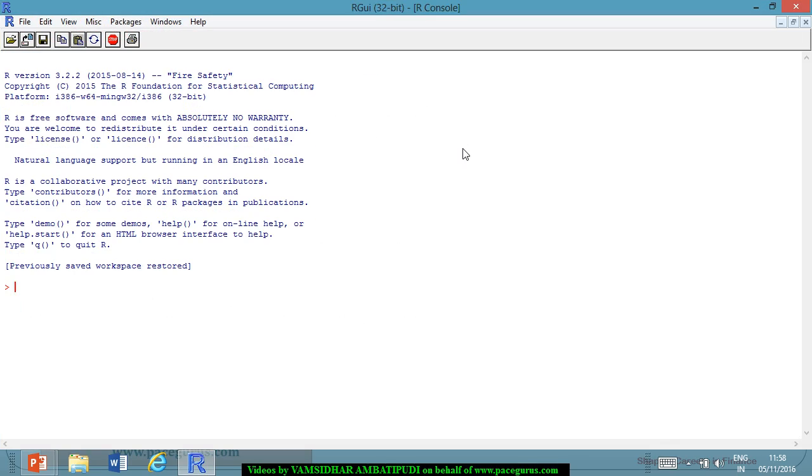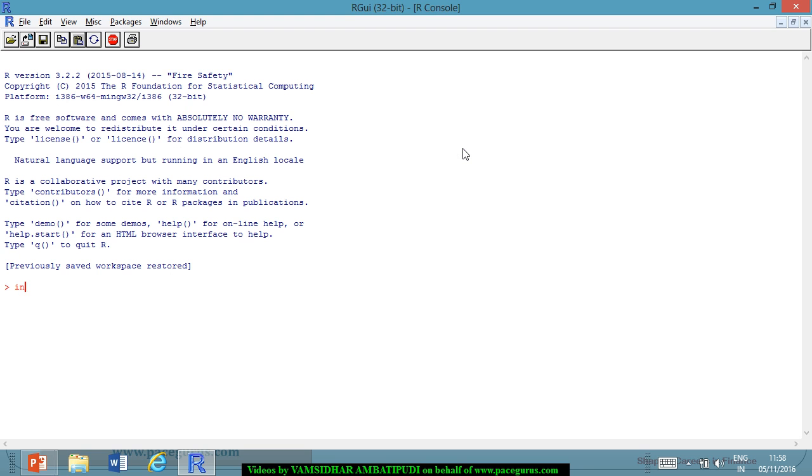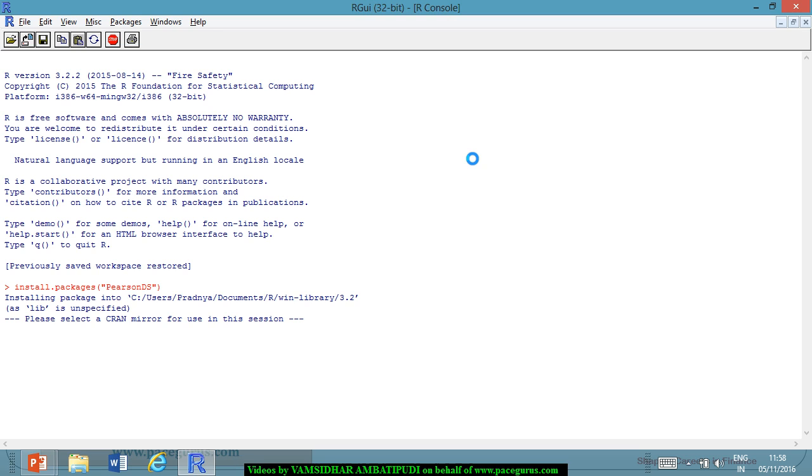Okay. So first thing, I have to install this package called PearsonDS. So install.packages PearsonDS. So I am installing this particular package.